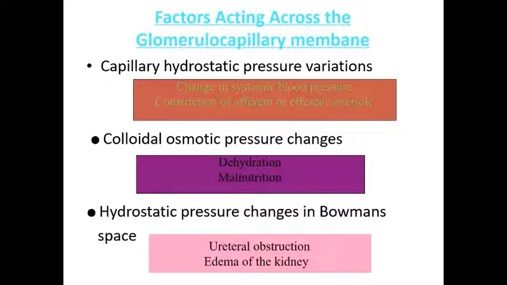Then edema of the kidney, there's accumulation of fluids in the kidney. So there's also accumulation of fluids in the Bowman space that will increase the Bowman space hydrostatic pressure. It will also have an effect on the glomerular filtration rate. So there will be a decrease in the glomerular filtration rate when that happens. So all these factors will have an effect on the glomerular filtration rate.